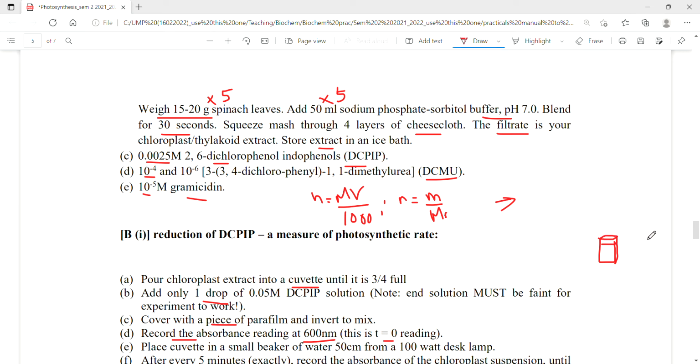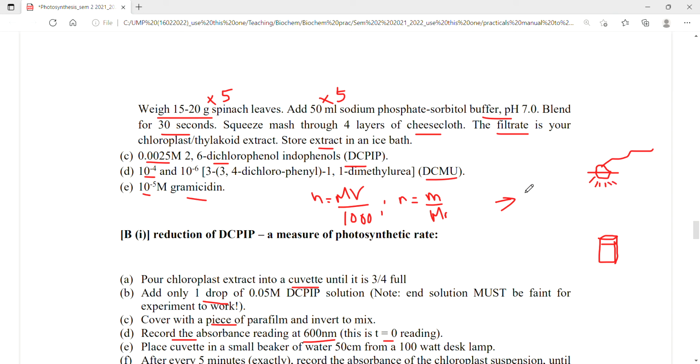So you have this cuvette with the chloroplast extract. Now you need to make it have light for photosynthesis to take place, and that's the best I can draw of light.